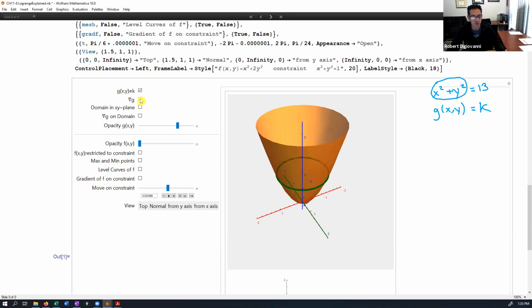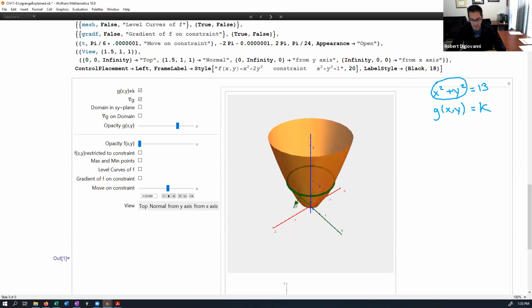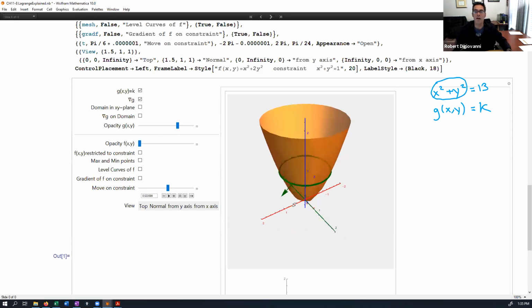Now here's what the gradient looks like. Remember, the gradient is a vector. At every point on this green curve, we have a gradient vector that sticks out. This goes back to what we learned before: the gradient vector always points in the direction of maximum rate of change.